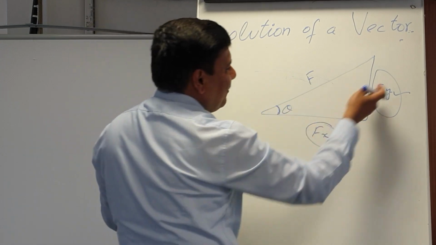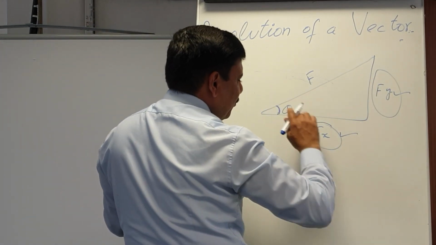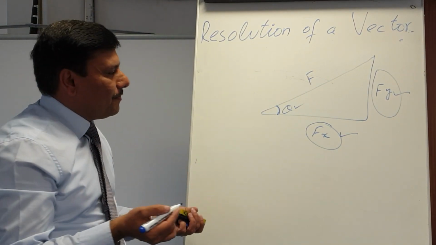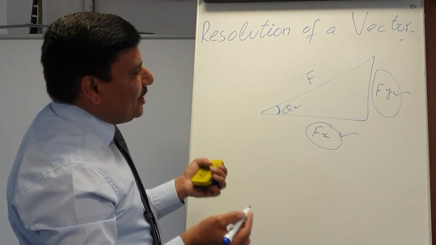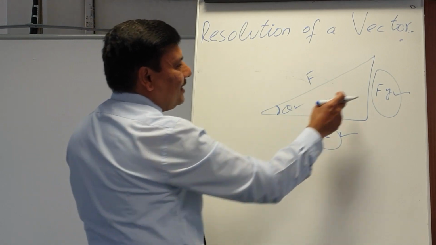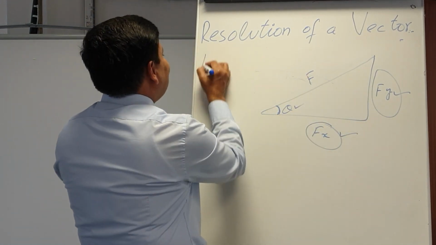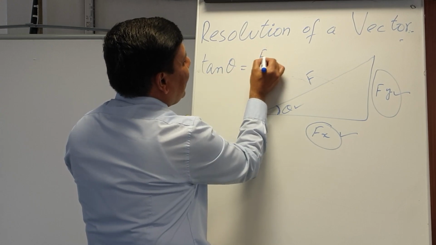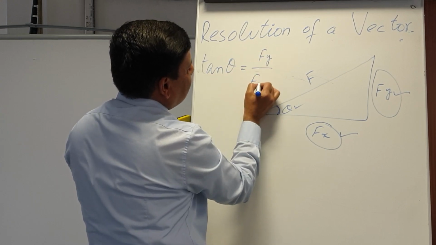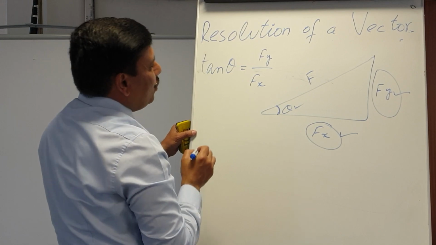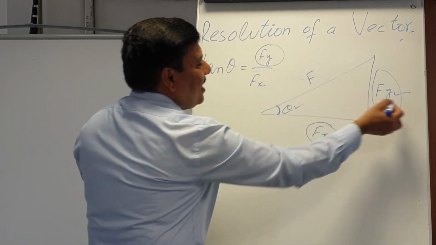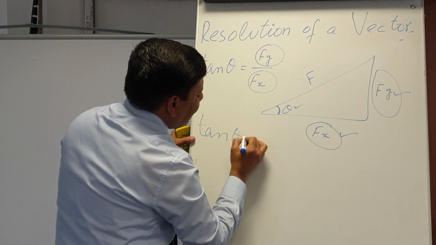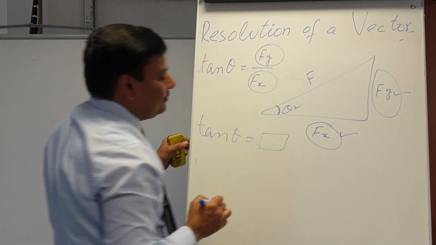So with the help of these two values, we would be able to determine the value of theta. So how can we do that? There is also a trigonometric ratio between these three quantities, and that is tangent theta. Tangent theta is equal to perpendicular over base. So you know the value of fy, you know the value of fx. So in this way, you would be able to determine the value of tangent theta.